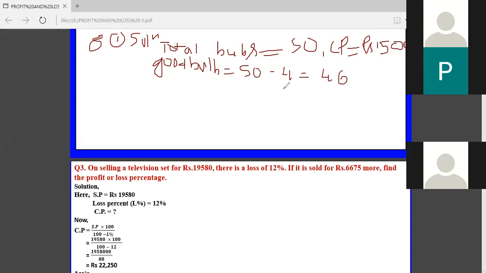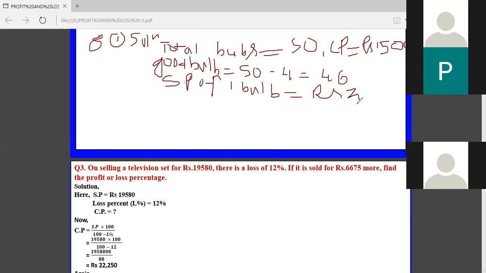Okay. And what percentage would he have gained or lost selling? Then SP of one bulb is what there? 35. SP of one bulb equals rupees 35, not the 45.